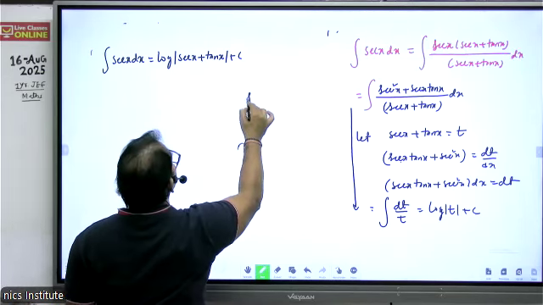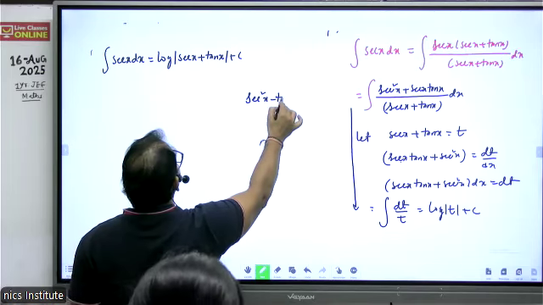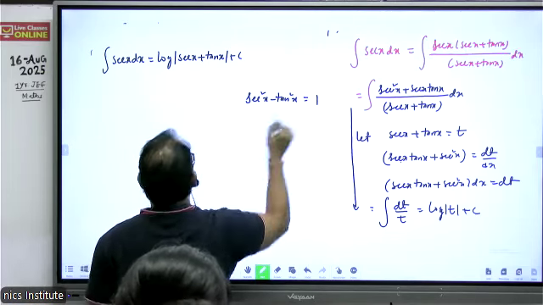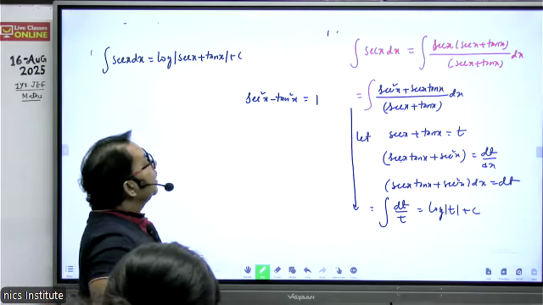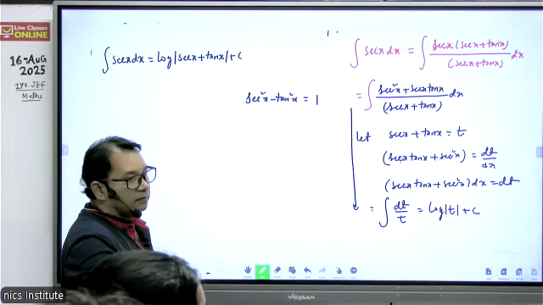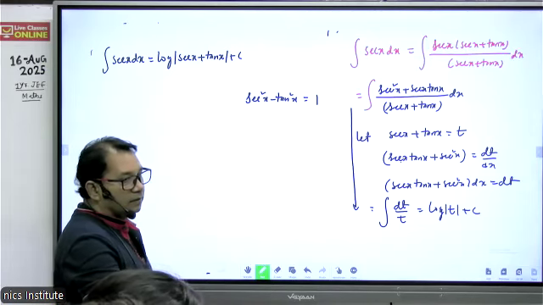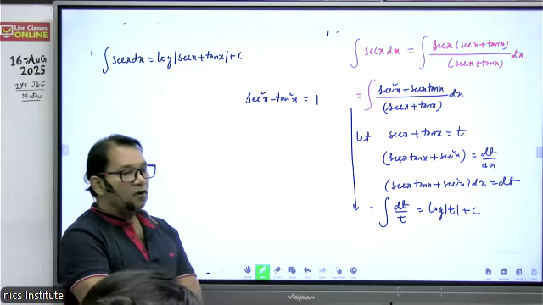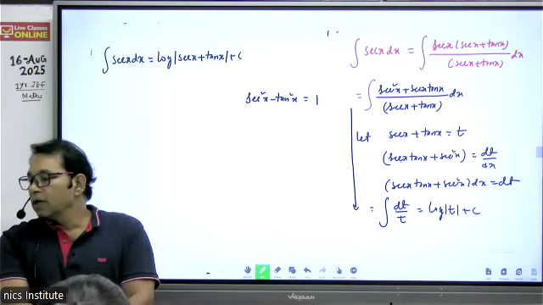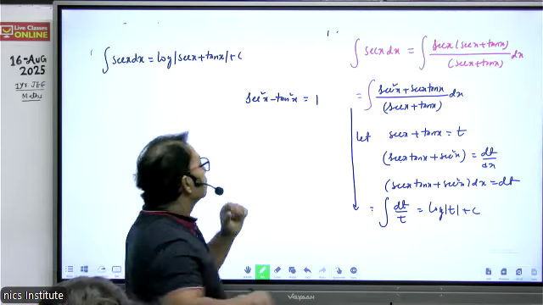Then you also know that sec square x minus tan square x is 1. Stuck. So this is the only way. 1 by cos will not give anything. Now sec square x minus tan square x is 1.